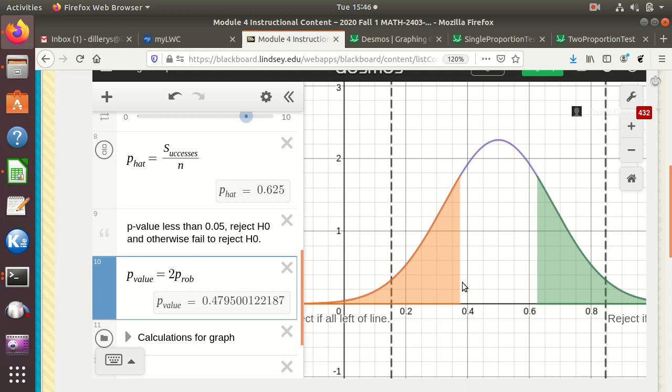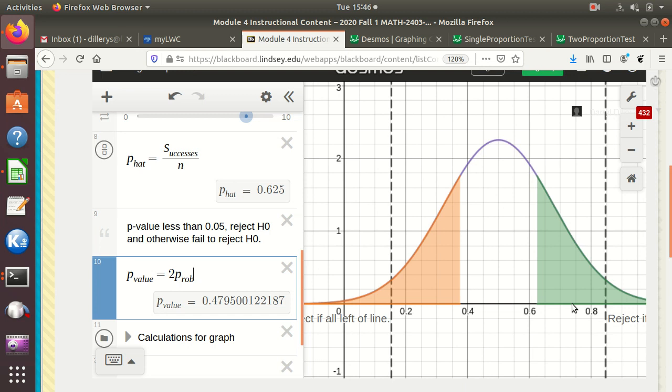And what you can see up there is actually the orange and the green, and I don't remember which is which, well, we had 5 out of 8. So the green, I guess, is our data. Our data came in here at 0.625. And so as far as our normal approximation, our data took up this much of the population.